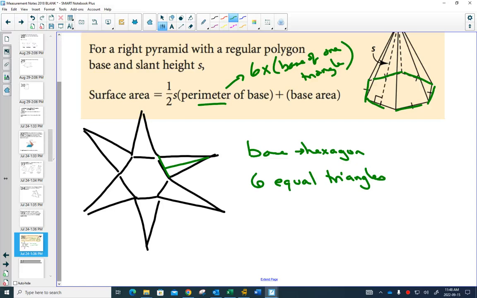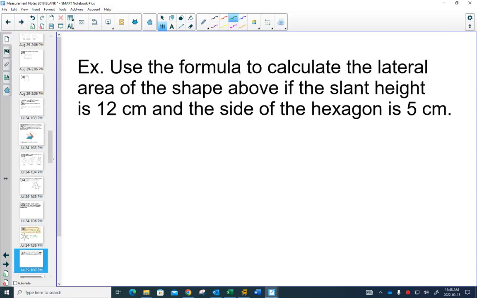Okay? Now, in the next question, it does say use the formula, but we have to be careful here because it's asking for the lateral area. And the lateral area is different than the surface area. How is it different? It doesn't include the bottom.